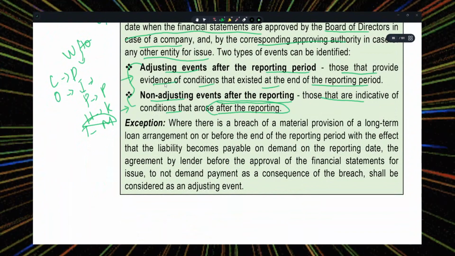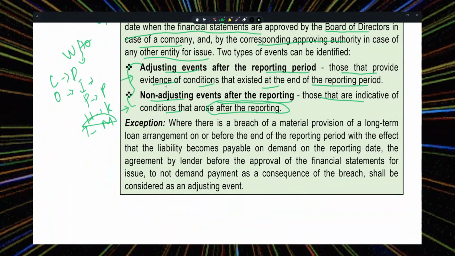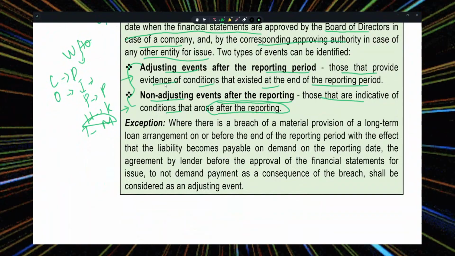For a non-adjusting event, the event has happened but it is not giving any financial impact yet, though it may arise. We need to identify the event, but there is no adjustment to the transactions.